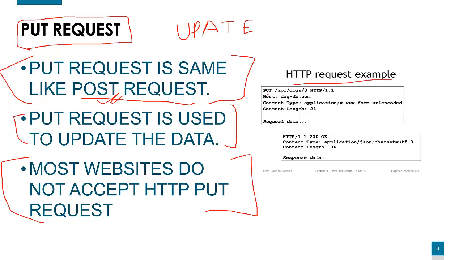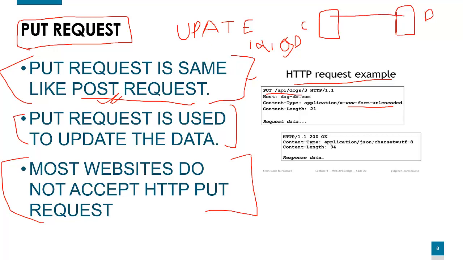In a PUT request, we will send our content type like URL encoded, and we will send the unique ID, and also the data that we want to set. So here is our client, and here is our database, you can say server. We will send our data to change our username.